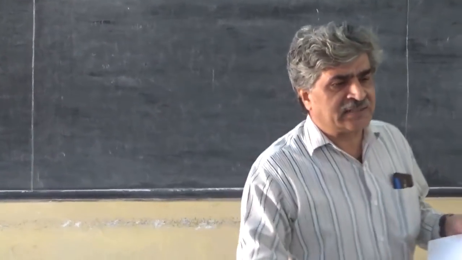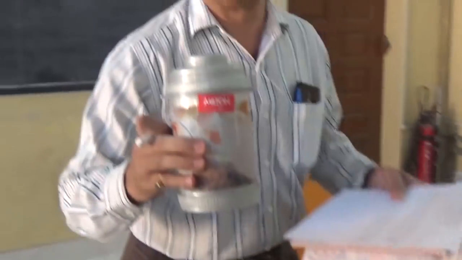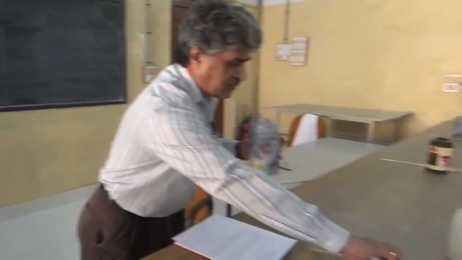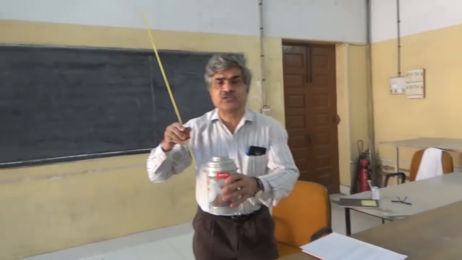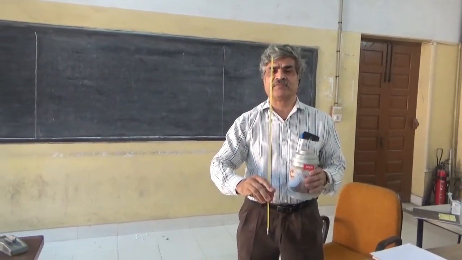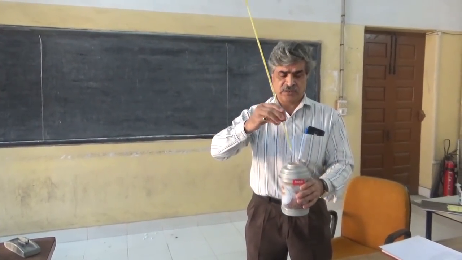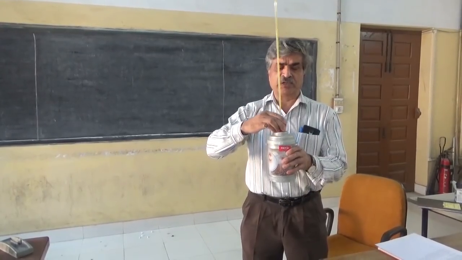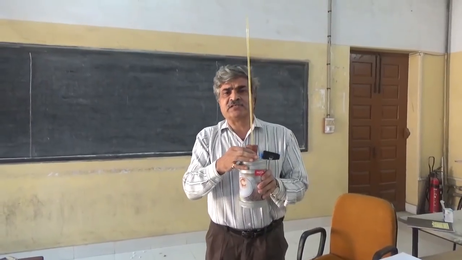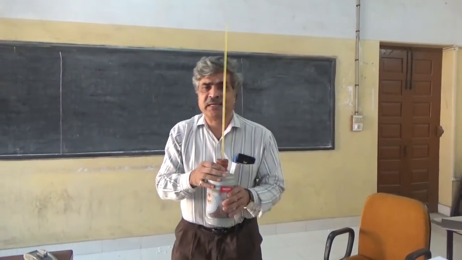This is the thermos flask. We have got alkali solution inside this, and this is a long, specially devised thermometer for your experiment. We put it like this. This is a cork. It is properly fitted so that there is no escape of temperature.